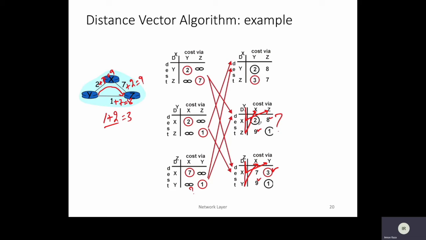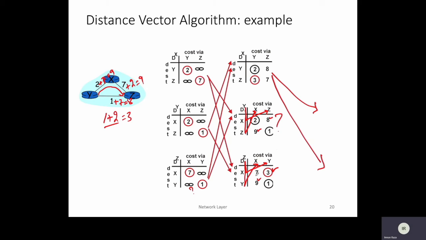The least cost is still 2 to reach destination X, and the least cost is still 1 to reach destination Z. But do we have a change here in X in terms of least cost? Yes, there is a change here. The least cost has changed from 7 to 3.